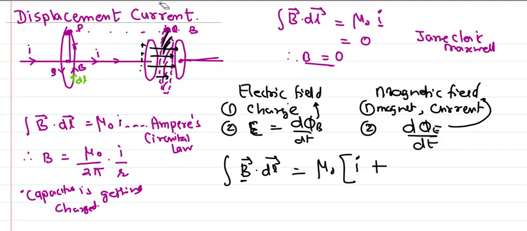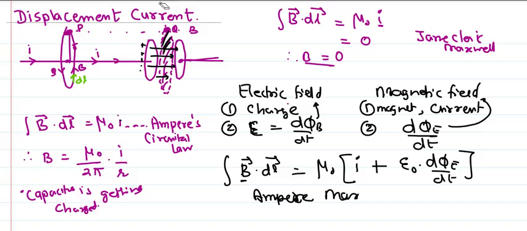And he said that that would be equal to epsilon naught d phi E by dt. Now at this juncture we will not get into the derivation of this, but he proposed this term to take into account the magnetic field being produced by changing electric flux. And this equation is known as Ampere-Maxwell equation.